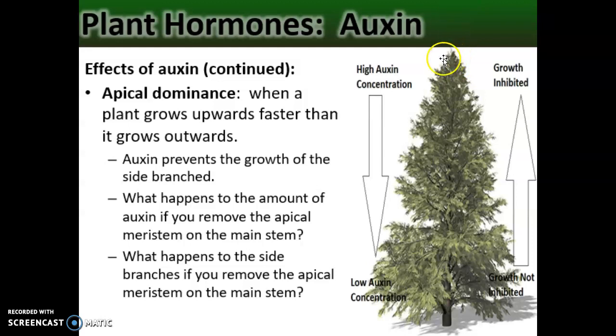Cutting off that tip also removes the auxin, so now that you lower the auxin concentration throughout the entire plant, there is nothing holding these side branches back from growing, so these branches are able to grow out to their full potential. Essentially what you did is you took this tall tree and turned it into a short, wide bush. So that's what happens once you remove the auxin or the apical meristem.